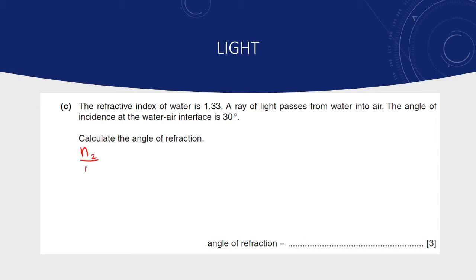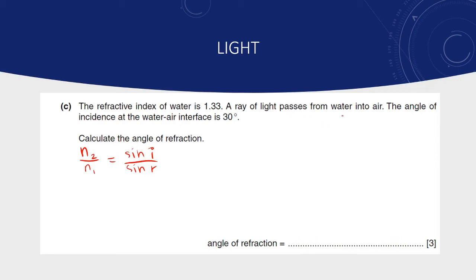N2 over N1 equals sine I over sine R. I is the angle of incidence, R is the angle of refraction, N2 is the refractive index of the second medium, N1 is the refractive index of the first medium.